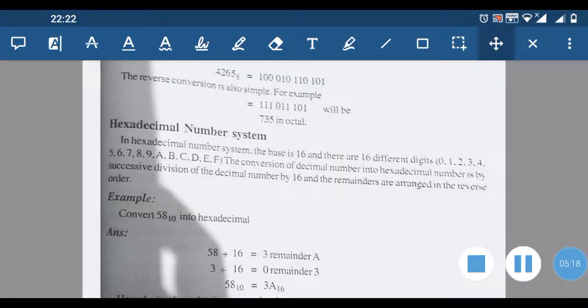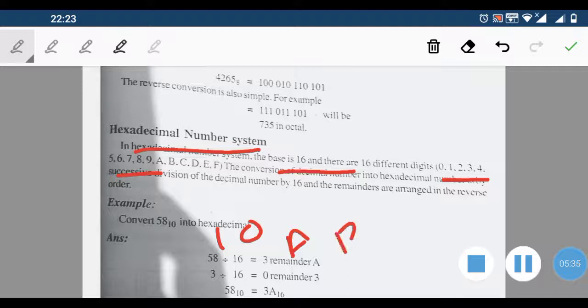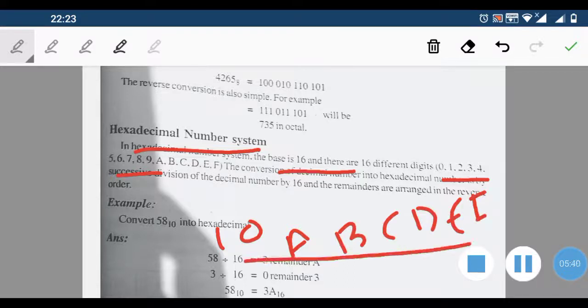Now another important number system is the hexadecimal number system. It is a base 16 number system in which we use 0 to 9, that is 10 digits, along with the English letters A, B, C, D, E, F. So in total we have 16 characters.